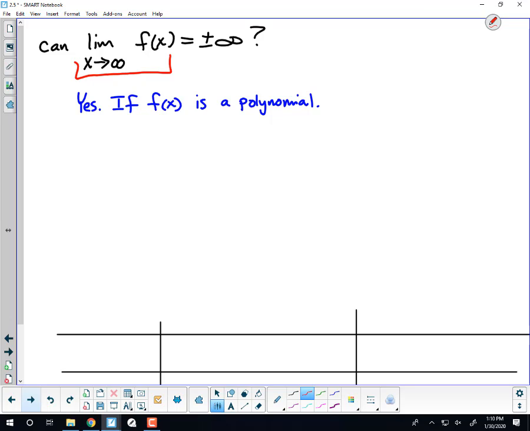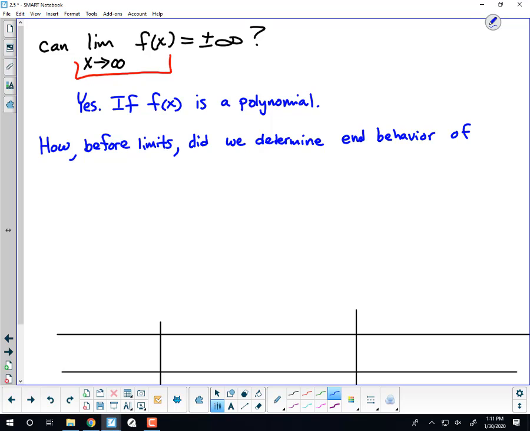So here, since we've specifically named polynomial functions, a question would be, before limits, before we even looked at this definition of limits at infinity, how do we determine end behavior of polynomial functions?